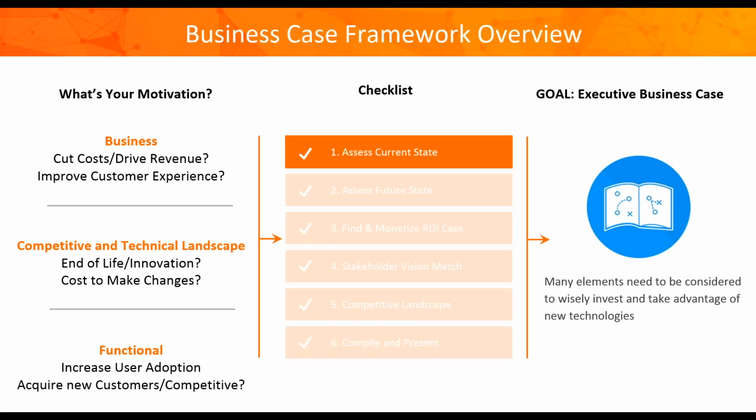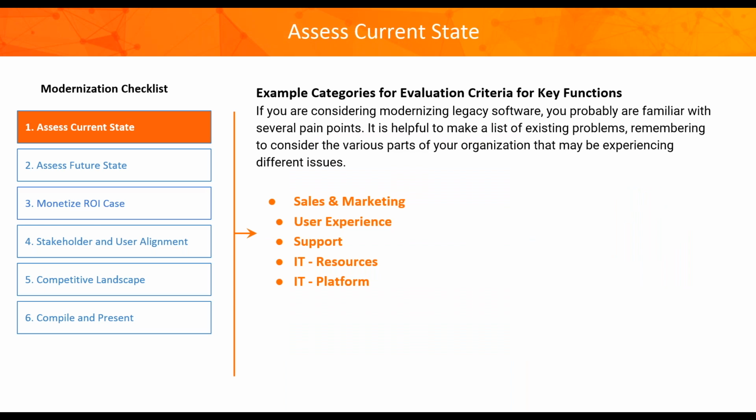Okay? The first step along the way is to assess our current state. This is sometimes obvious, we hope, and sometimes a bit painful. It's on some level looking in the mirror and trying to understand what's going on out there. There are a couple of different categories we might look at in our assessment. With many of our customers, we actually walk through this, and we'll see a spreadsheet towards the end where we identify what these categories look like.